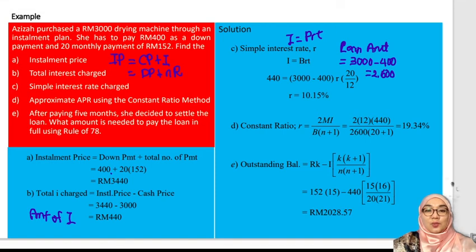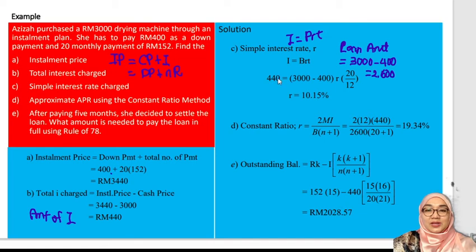Alright, kita tengok pula constant ratio, the approximate annual percentage rate. So annual percentage rate is equal to, kita guna formula, masukkan segala information, because this is paid monthly selama 20 months. So M dia adalah 12 lah. A year, 12 bulan.